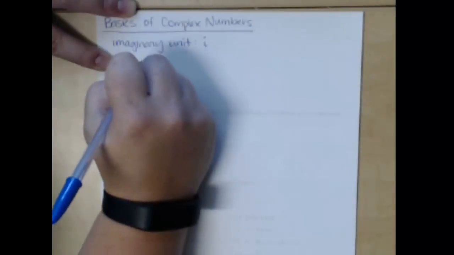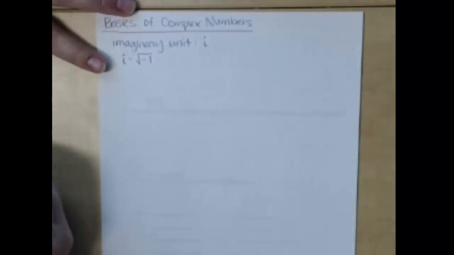And we have defined i to equal the square root of -1. Now that seems like a strange thing to define i as, but here's why we need this square root of -1.